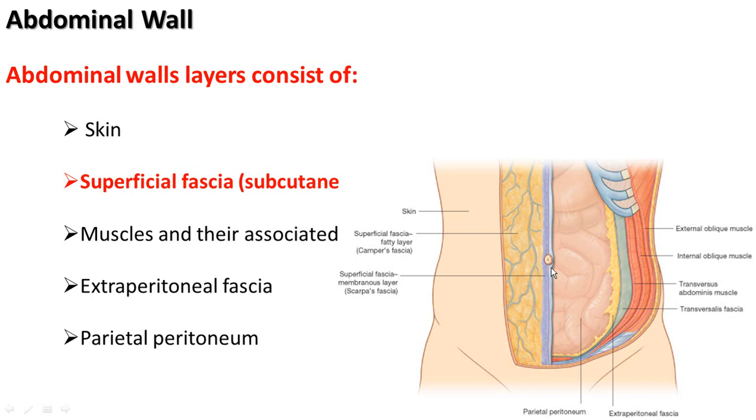And as you know, the anterior abdominal wall is the major site of fat accumulation, especially in the female, leading to obesity.